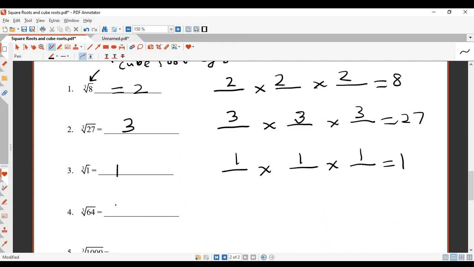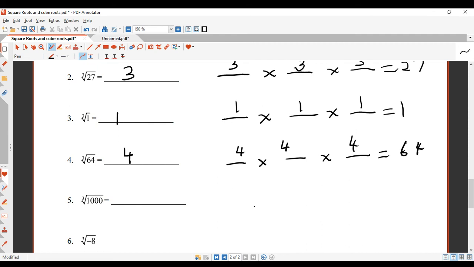Now what about the next one? Cube root of 64. What number multiplied by itself 3 times is equal to 64? Okay, well, it works out that 4 is. 4 times 4 is 16, times 4 is 64. You might need your calculator to work out some of these. So the cube root of 64 is 4.